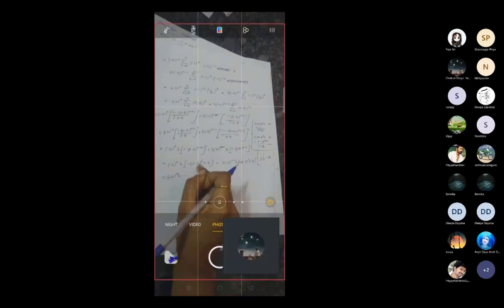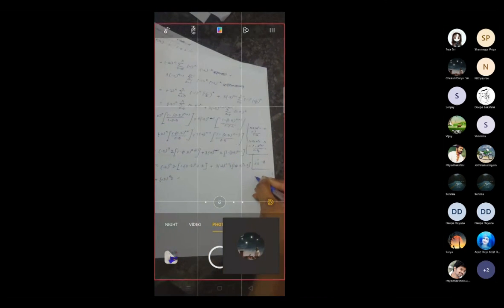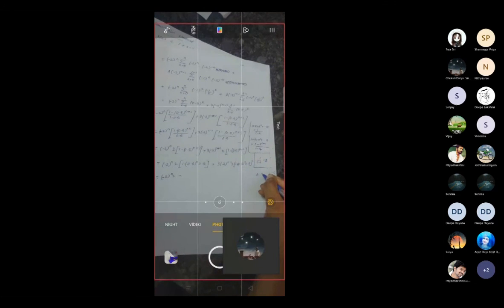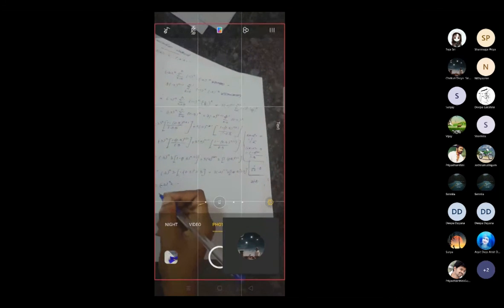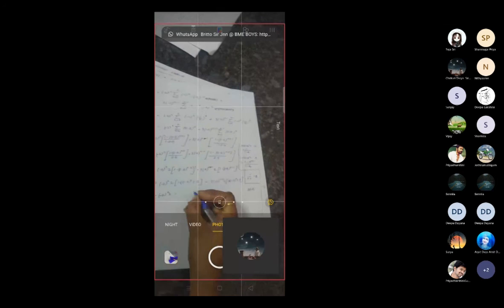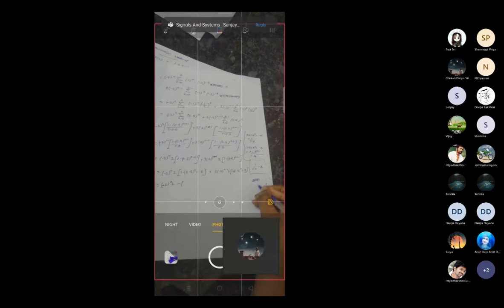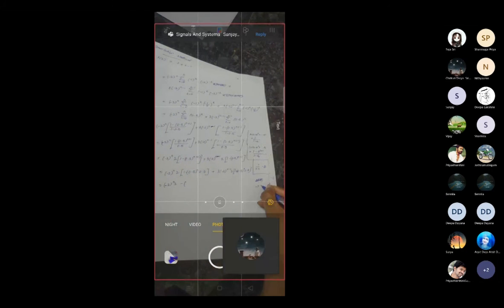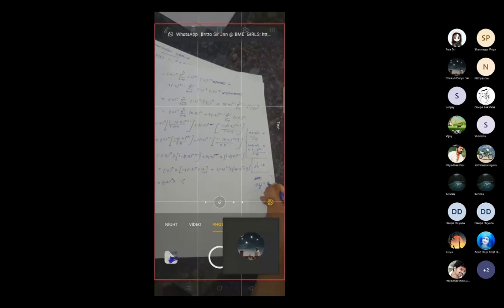So minus 2 into 0.5 you will get 0.5, so 0.5 means 2, and 2 into minus 2 you will get minus 1. So take this inside, you will get minus 1. Here 0.5, here minus 2, right? So minus 2 into 0.5 means 1 divided by 2. This and this will get cancelled. You will get minus 1.